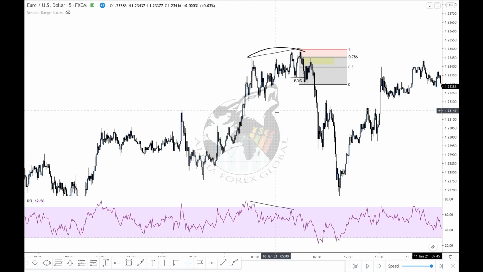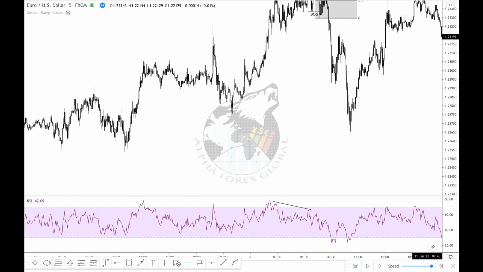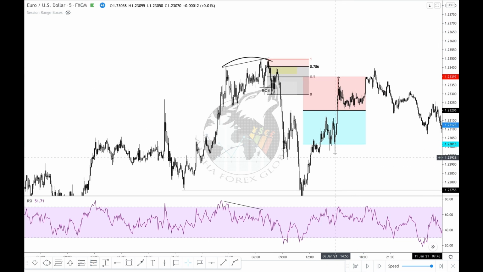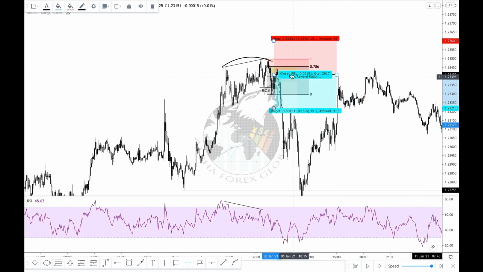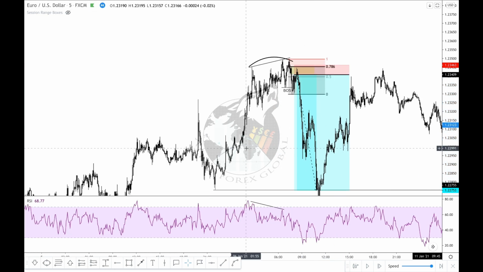And then the first target would be at this low right here. Probably 1 to 14 or so. So 1 to 12, easy 1 to 12, right?